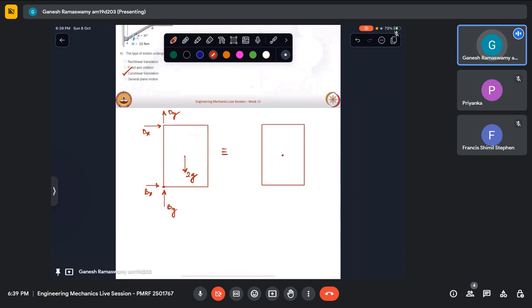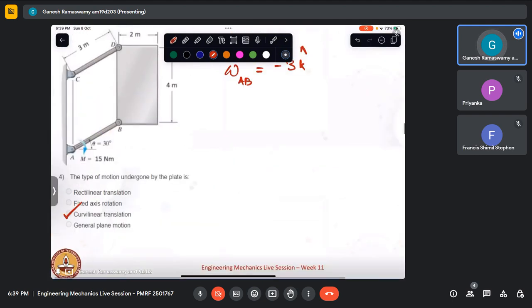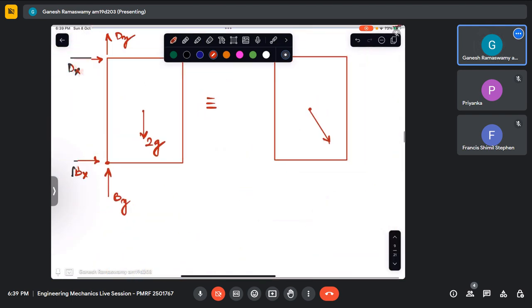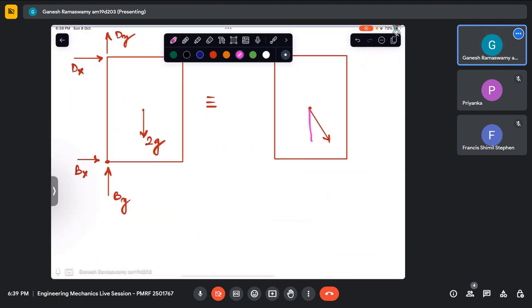Now I know this is the path, so let me resolve it along that path. See, if this is 30 degrees, then if this is 90, then this is also 30. It is clear that that is also 30, in which case this angle is 30 degrees. So this will be having m a_G, let me call this tangential.